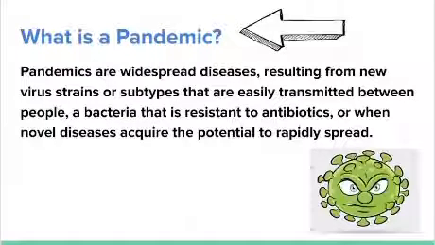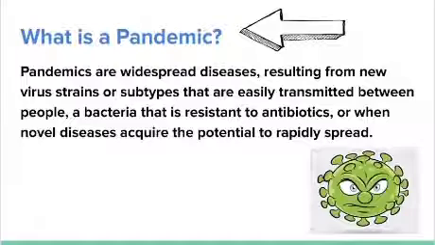A pandemic is known as a widespread disease resulting from new virus strains or subtypes that are easily transmitted between people, a bacteria that is resistant to antibiotics, or when novel diseases acquire the potential to rapidly spread. So in other words, basically a pandemic is a disease that spreads from one country to the next country to the next country.